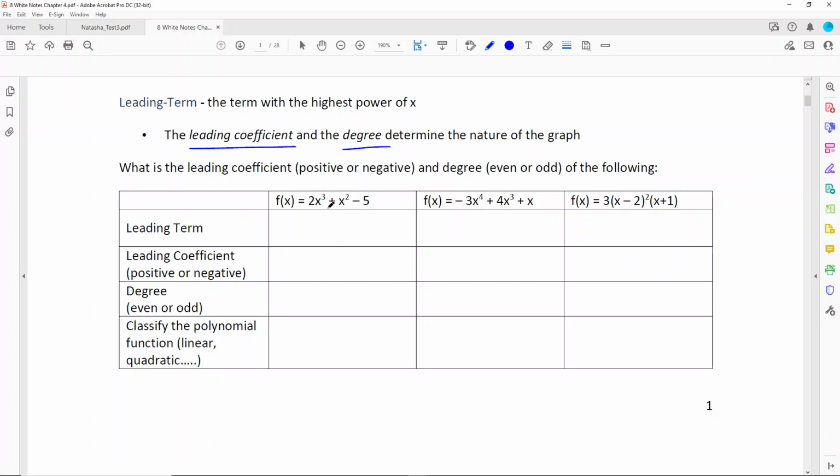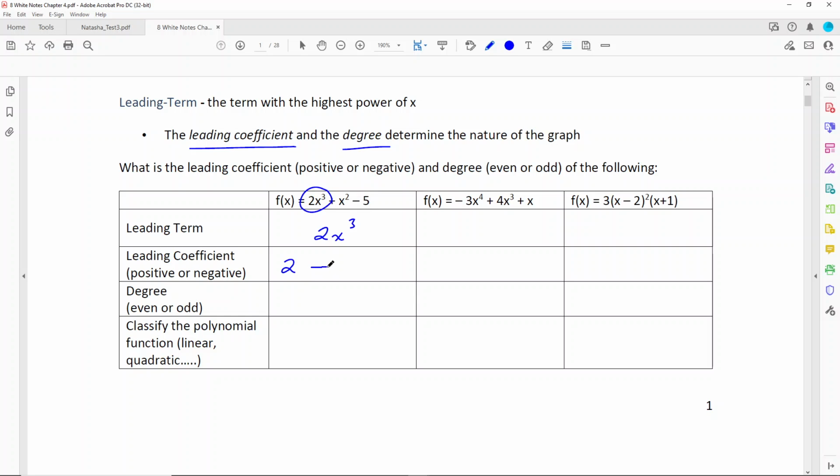If I look at an equation like f of x equals 2x cubed plus x squared minus 5, the leading term is the whole term that has the highest exponent on x. So the leading term would be 2x cubed. The leading coefficient is 2, which we don't actually care that it's 2. We're not going to be vertically stretching these graphs by 2.